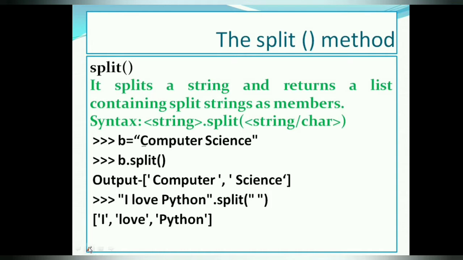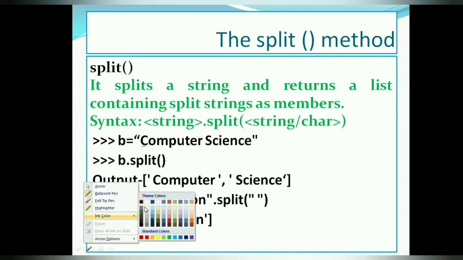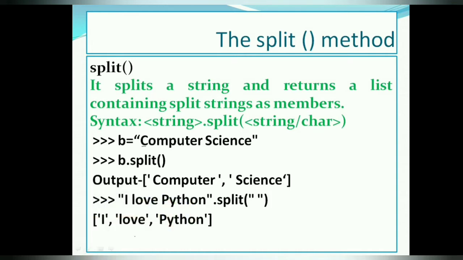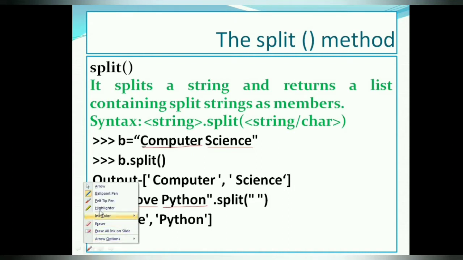As you can see in the output, 'computer', 'science', and it is a list. In the second example, "I love Python".split() will split the line. It has three words, I, love, Python. It is a list with three items in it.